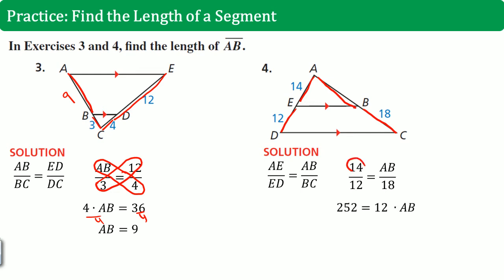Cross multiply here. 14 times 18 gets you 252. 12 times AB just becomes 12AB. To get AB alone, you would have to divide by 12 on both sides. So 252 divided by 12 is 21. That is what you get here for AB. Good.